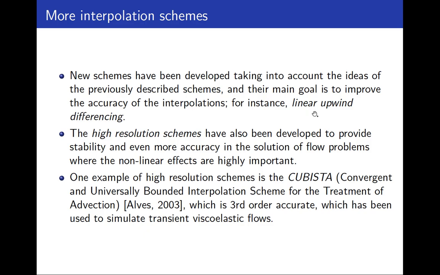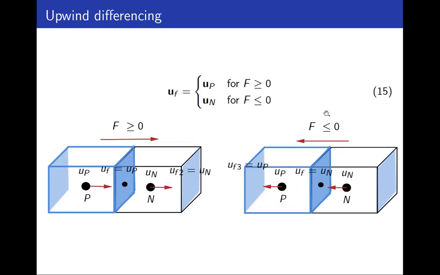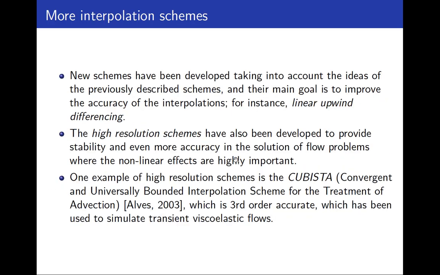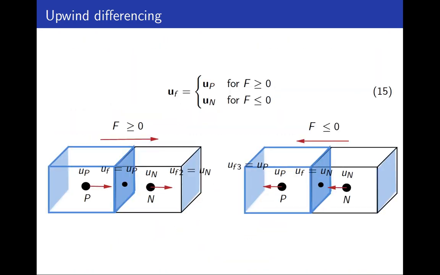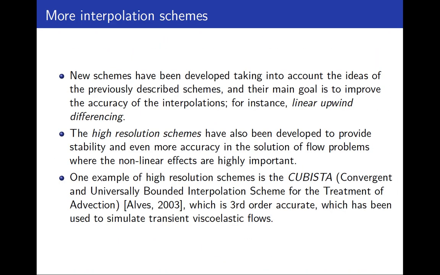Another simple example of an interpolation scheme is the linear Upwind differencing, which is similar to this one, but now we will incorporate the gradients of the velocity at the centroids in order to improve the accuracy of the scheme. I'm not explaining this linear Upwind scheme here, but if you understand these ideas of central differencing, Upwind differencing, and blended differencing, you will understand those slightly more complex schemes.